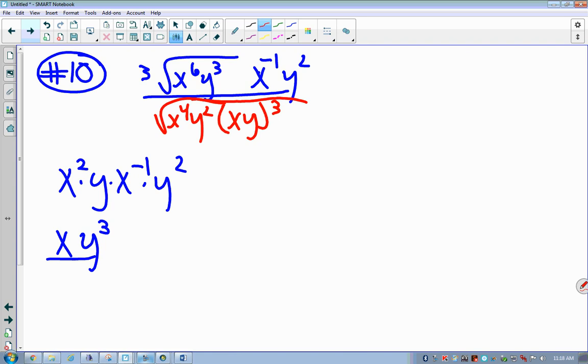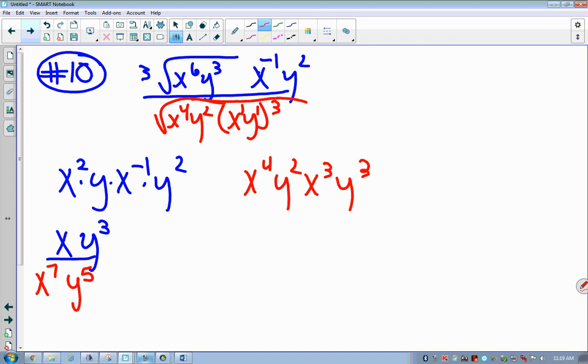All right. For my denominator over here, I'm going to go ahead and multiply my exponents inside my parentheses by the exponent that's outside. So I'm getting x to the fourth, y squared, x cubed, y cubed. Now I'm going to do the same thing. I'm going to add my exponents of the same bases. So 4 plus 3 is 7, and 2 plus 3 is 5.